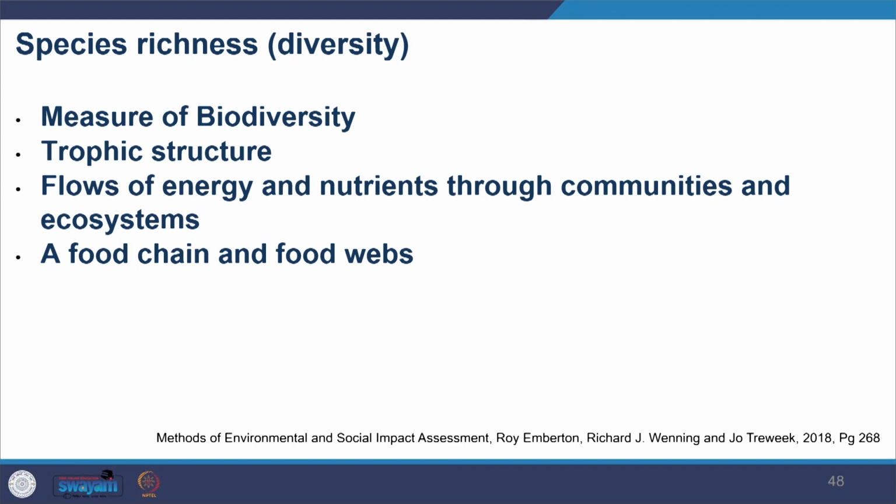You also look at the flow of energy and nutrients through communities and ecosystems, so how each one is important there and what kind of role it is taking. And then you also identify the food chain to understand these energy routes. It's very important to have this understanding because it helps you develop mitigation strategies.